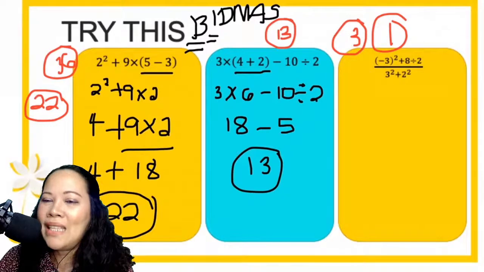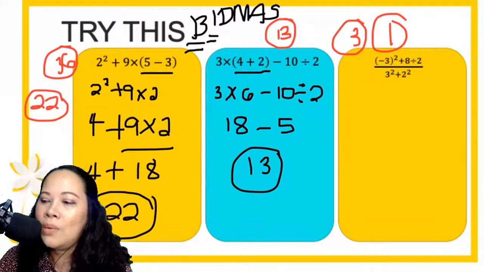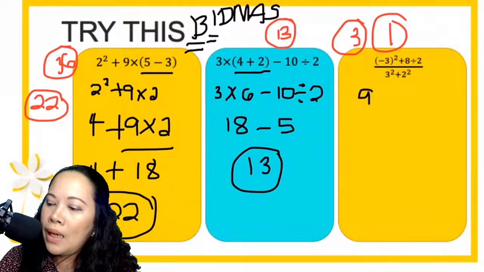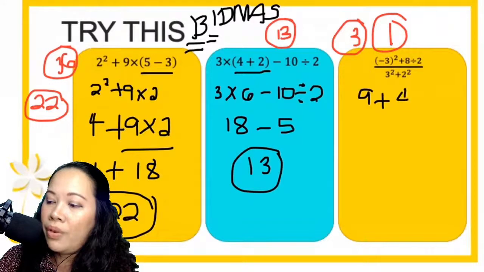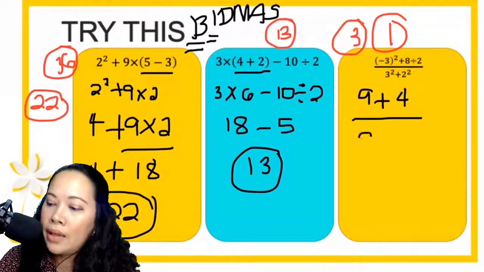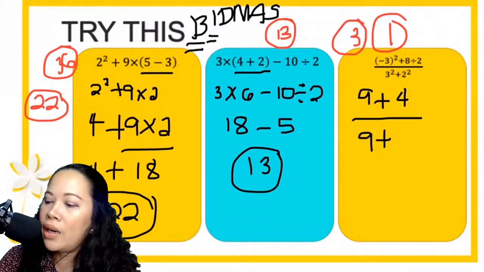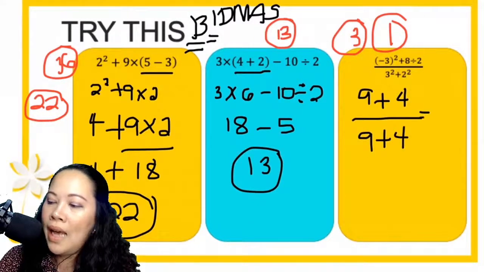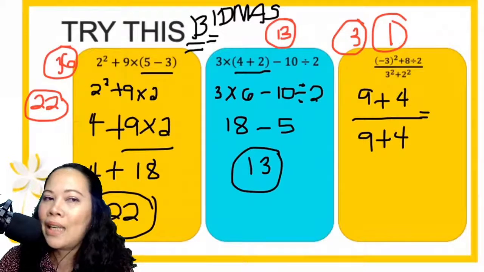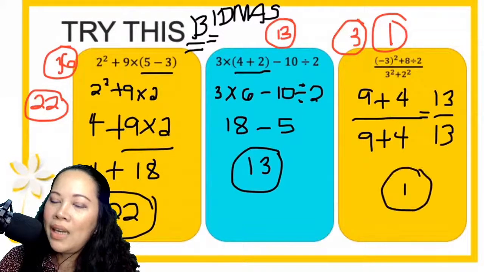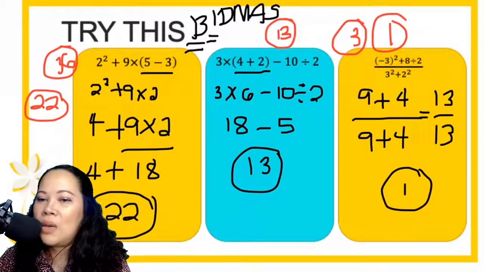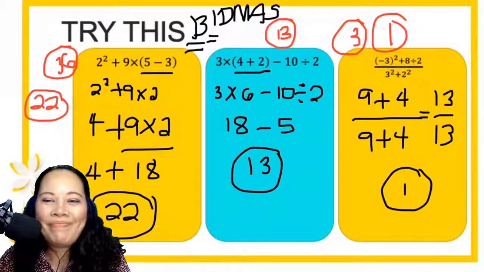So negative 3 times negative 3 will be 9, plus 8 divided by 2 squared is 4, so 9 plus 4. So yes, you are exactly correct. So 13 divided by 13 is 1. So the answer for the last question is 1.